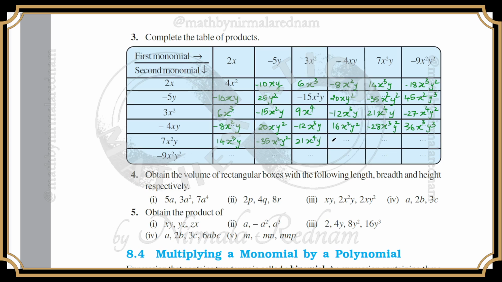Here I have 7 into minus 4 is minus 28, right? And then I have x square into x is x cube, and then y into y is y square, right? And then 7 square is 49, and then I have 4 x's and 2 y's, correct? Next I have minus 63, 7 nines, and 4 x's and 3 y's.